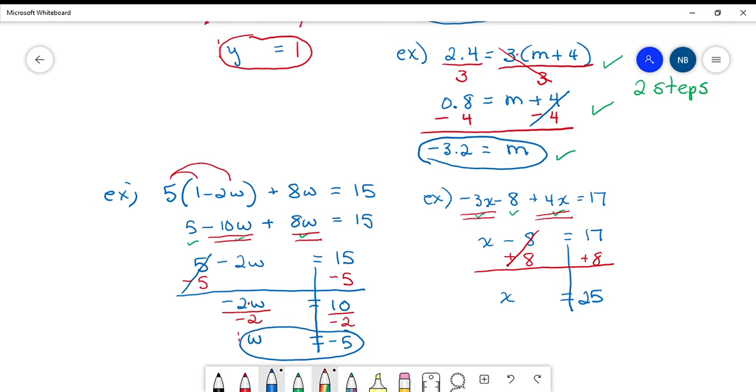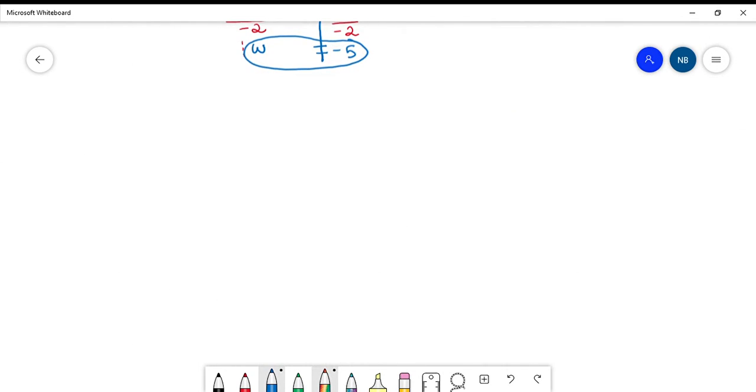Now, so far all of our examples had a side that needed simplifying. Let's try a problem where the two sides are as simple as possible, but we still have a multi-step equation. Solve 4x minus 5 equals 2x plus 7.